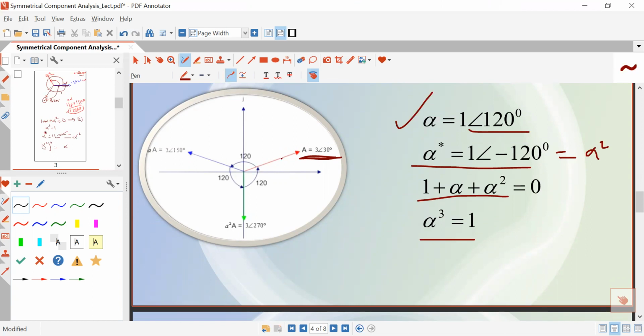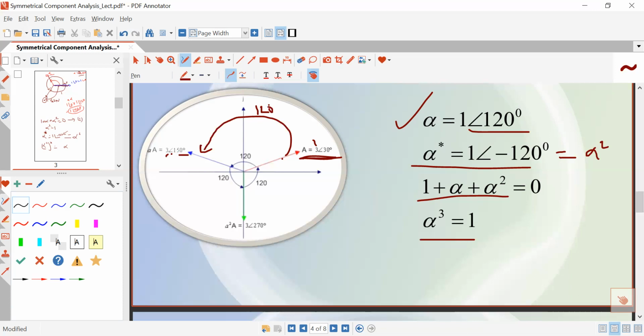This vector will rotate in anti-clockwise direction by an angle 120 degree without changing its magnitude. So you will get the vector in blue color. Its magnitude will not change, but the angle 120 degree will be added here. This 30 degree becomes equal to 150 degree.